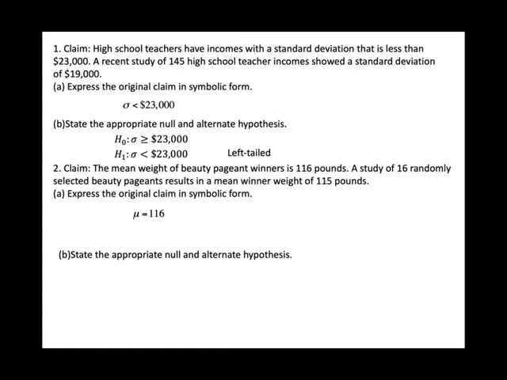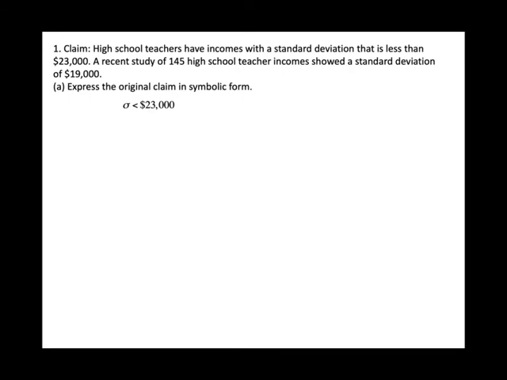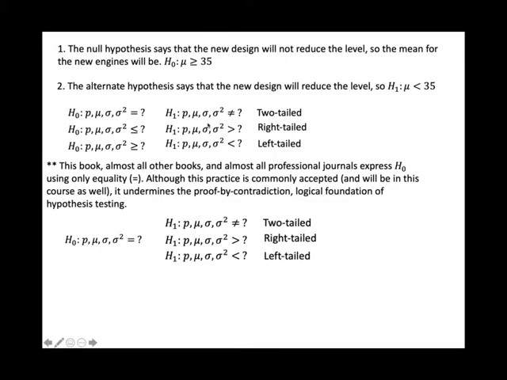Okay, the null and alternate hypothesis. For your original claim, you have the equal. Remember, should equal go to the null hypothesis or alternate hypothesis? Equal should be the null hypothesis, right?